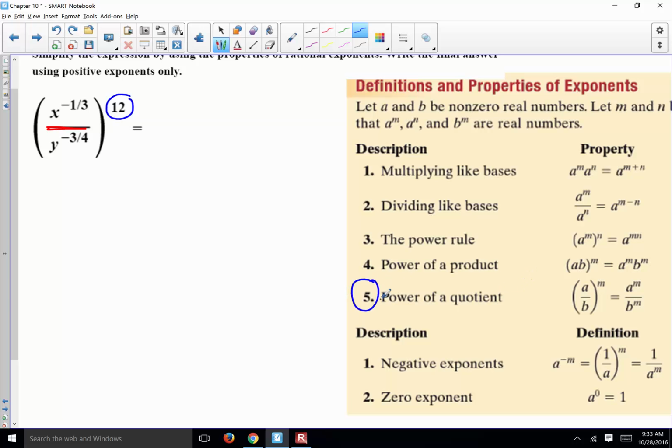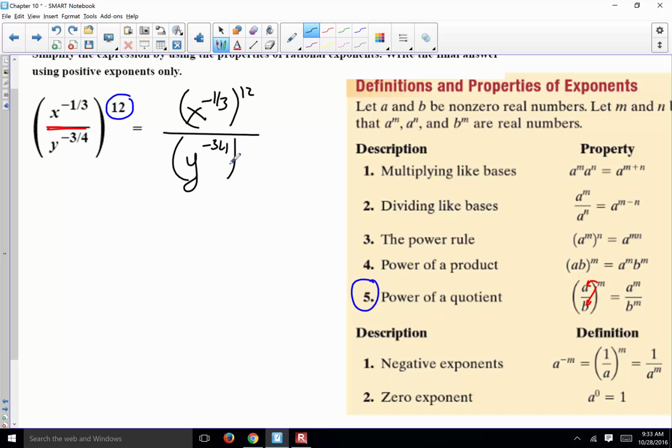Yeah, it's rule number 5. It says if you have a power around the quotient, simply pass that power to the top and bottom. That's what I'm gonna do. I'm gonna pass 12 to the top like this and the bottom.